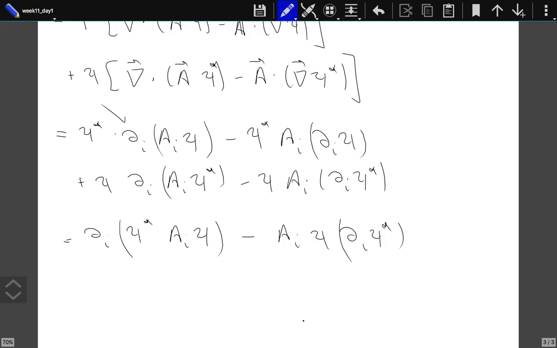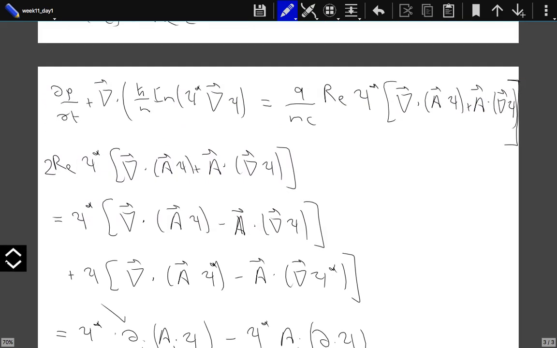Let me write it explicitly. This derivative also contains the term A_i psi del i psi star. This difference is my first term. Then I have my second term, psi star A_i del i psi, plus, for this term, del i psi A_i psi star.